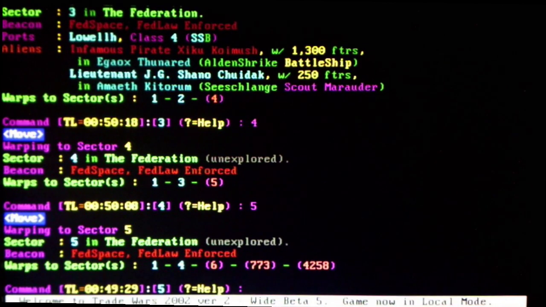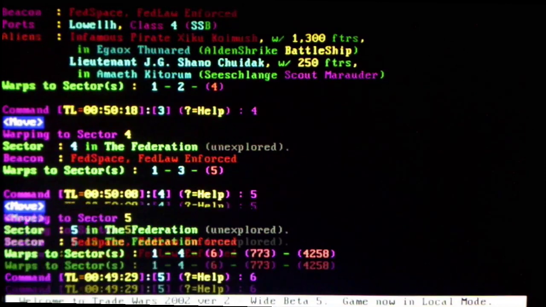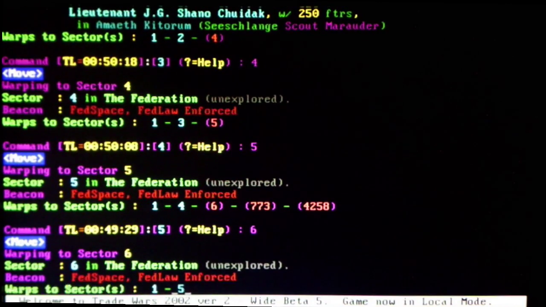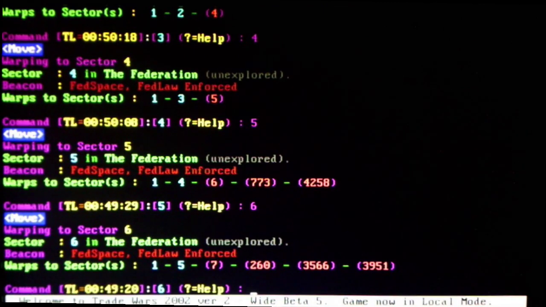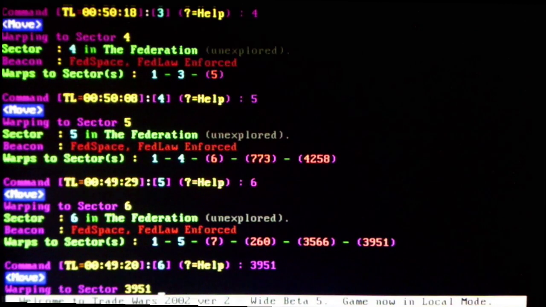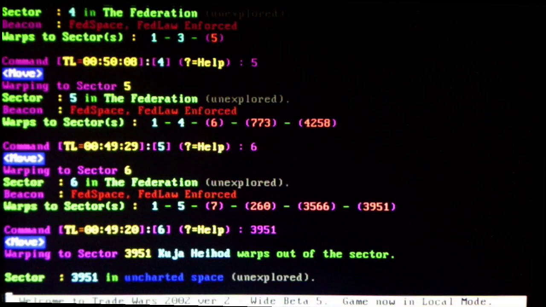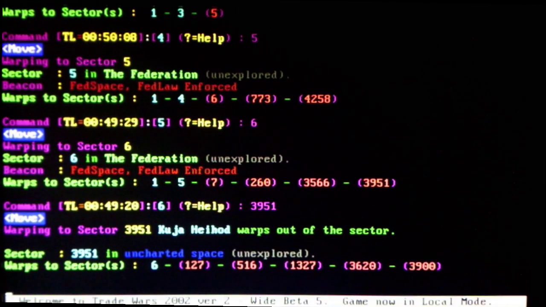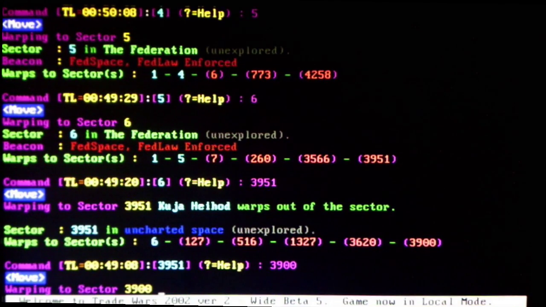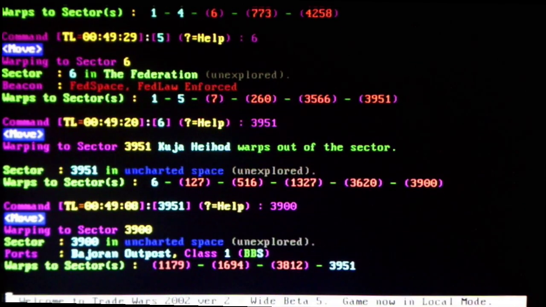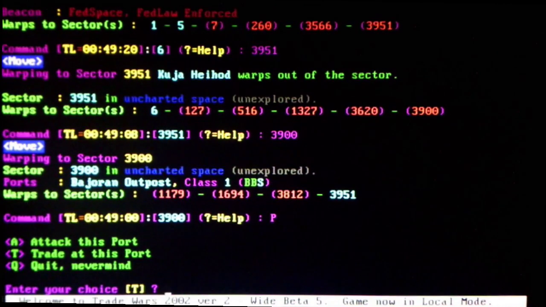So now we're in Fed space, and we have a port here. We're going to go 3951. Now remember, unexplored space. We're going to go 3900. Let's find some stuff. Oh, we got an outport. Let's port.